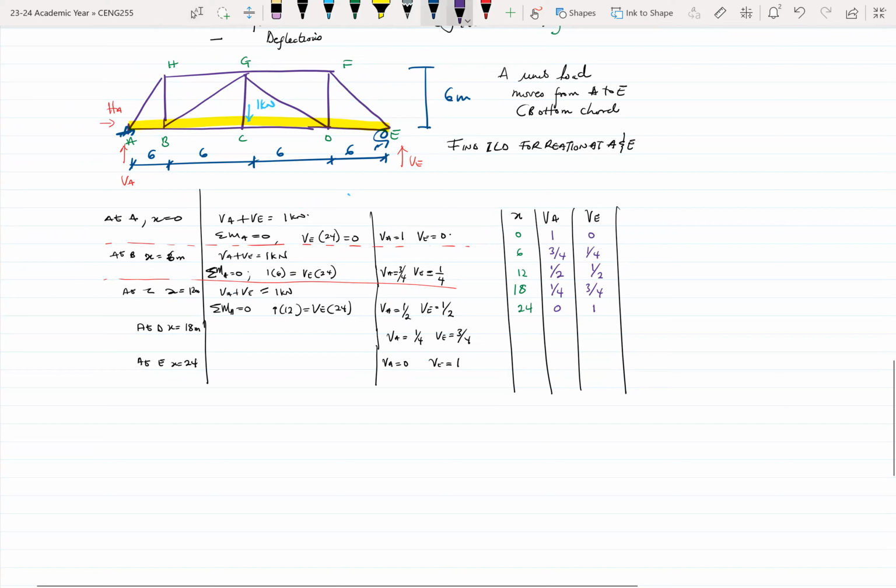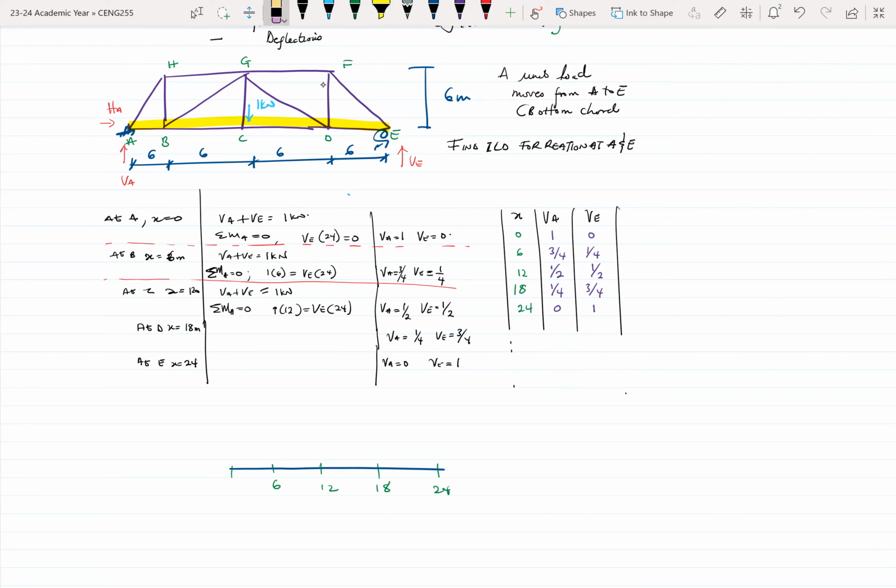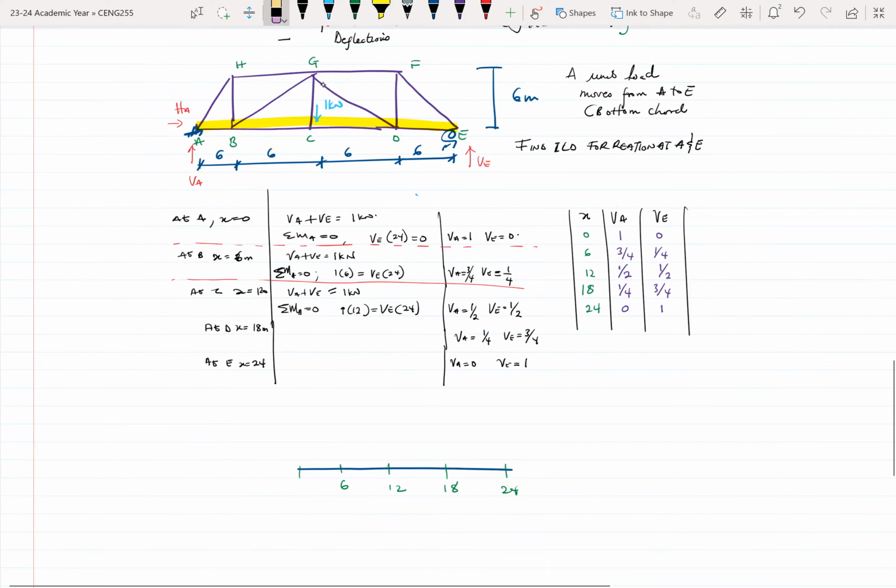So for the reaction at A, we have the abscissa of X. So we have 0, 6, 12, 18, 24. Let me take away the rest. Okay, great.